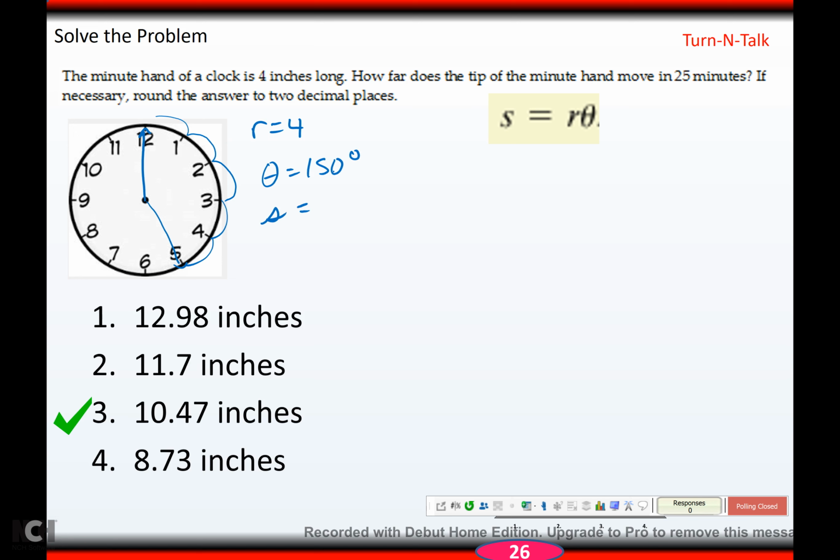Well, I can't use degrees in this formula. So 150 degrees, degrees to radians, pi radians, 180 degrees, degrees cancel, I end up with 150 pi over 180. So 150 divided by 180, math, enter, you get 5 pi over 6 radians.